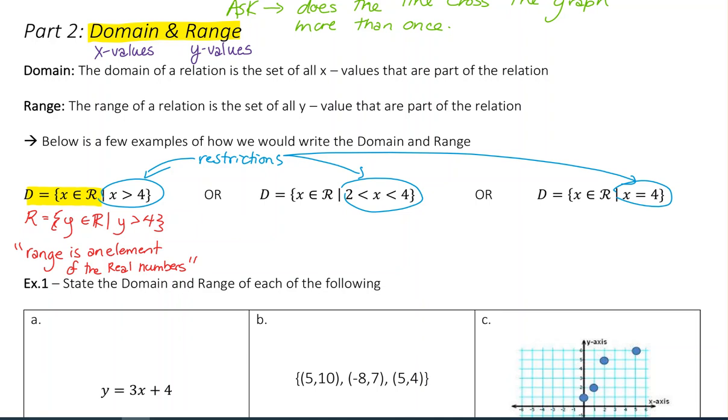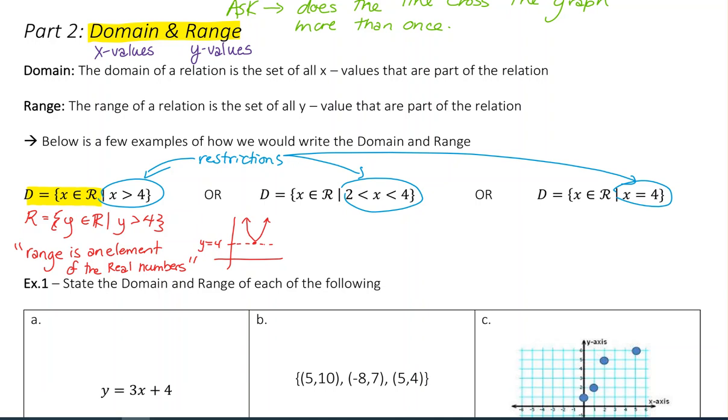What that says to the person reading it is, if you're looking at a graph or table of values, every y value present there must be greater than 4. It can't be equal to 4, it can't be less than 4, it must be greater than 4. So for example, if I drew a little graph here, and let's say here is y equals 4, every value present in that graph is going to be greater or higher than that point.